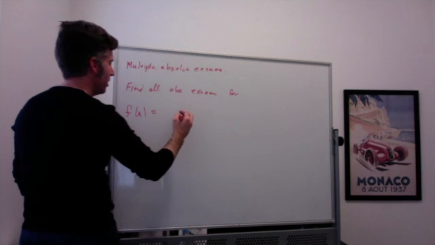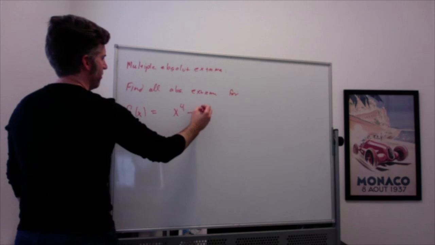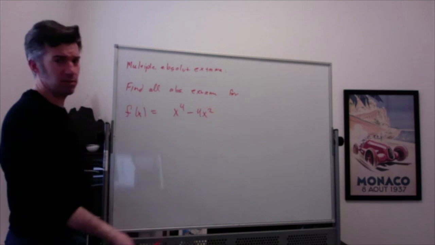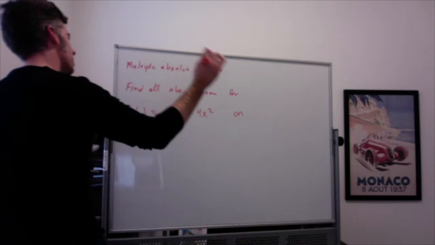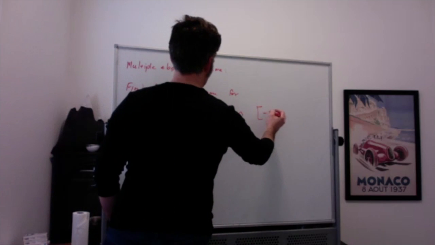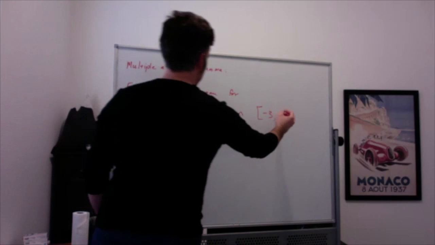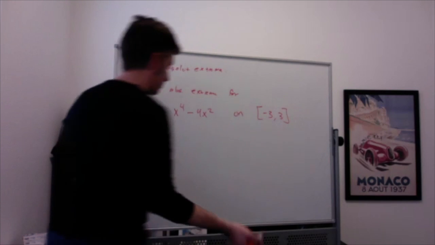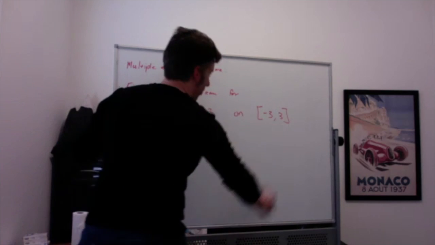Yeah, it's that one. It's x to the fourth minus 4x squared, on the interval from, let's say, -3 to, oh, let's be careful, -3 to 3. Now let's go -3 to 4. That's more interesting.